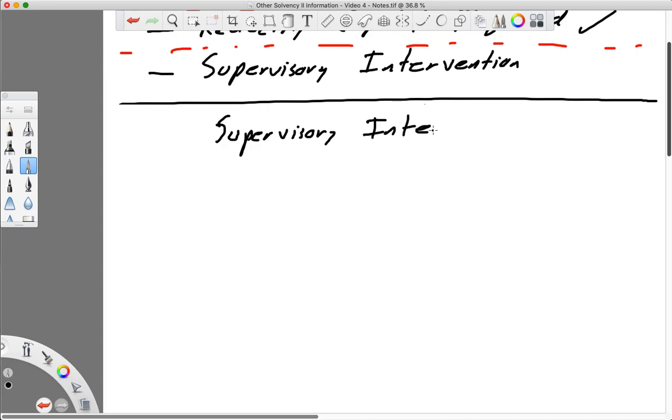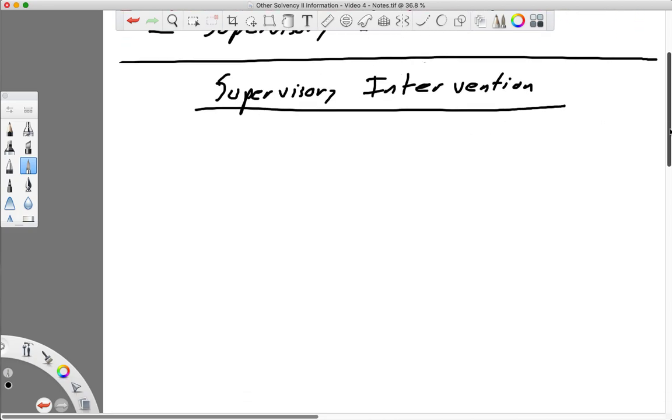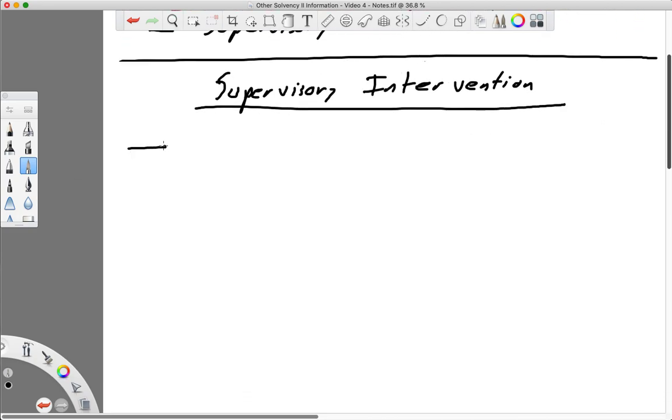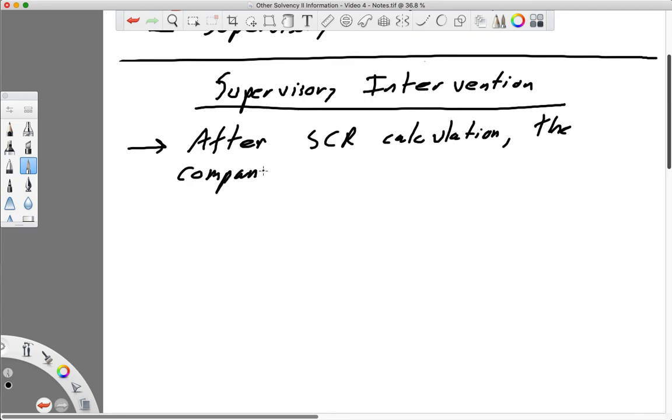Supervisory intervention. Okay, so after SCR calculation, the company must also calculate an MCR.